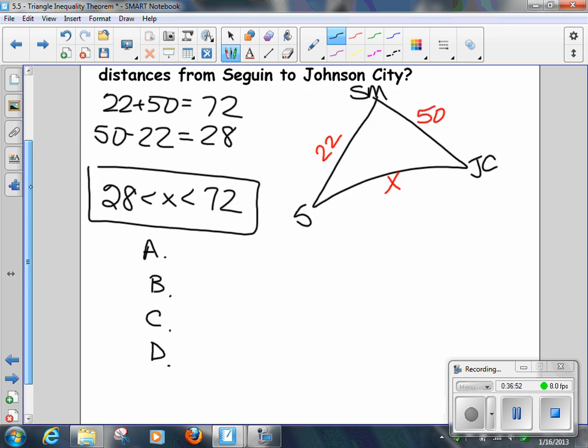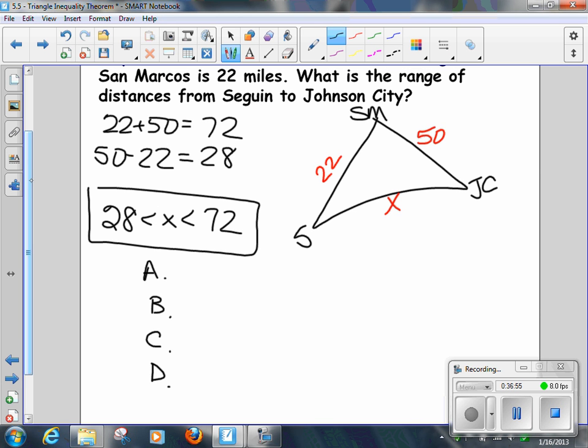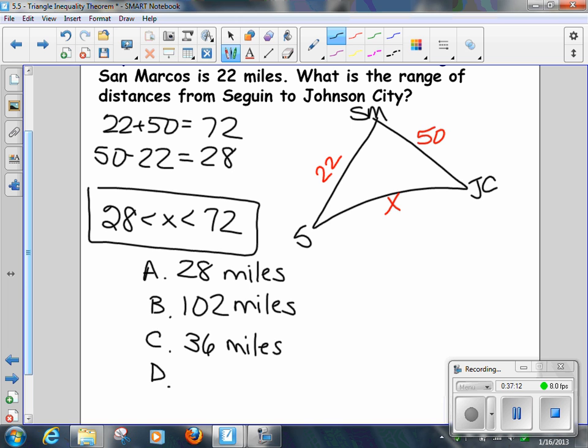What's the range of distances? Or it might say, what is a possible distance? Now look at that. This might say, choose the best distance.